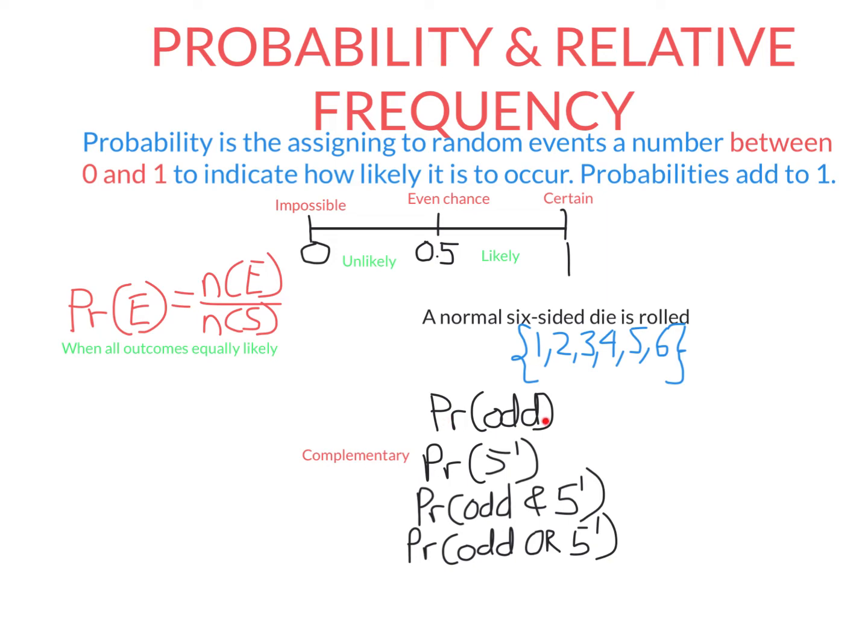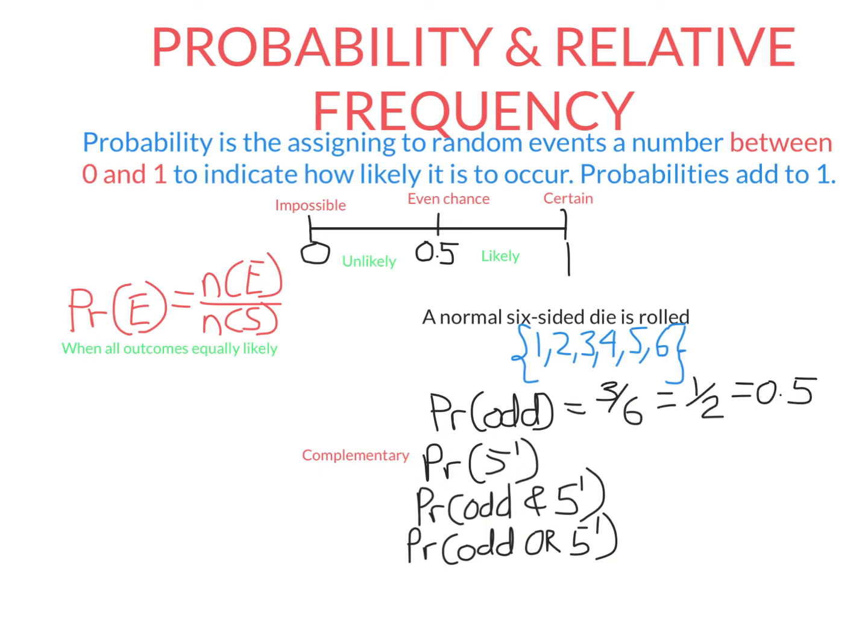So the probability that you roll an odd number, well, there are 1, 2, 3 ways that can occur. The number of ways that an odd number can be rolled is 3. So the probability you roll an odd number is number of ways it can occur over total number of outcomes. Now, when you're writing probabilities, it doesn't matter if you give a fraction or a decimal, but if giving a fraction, make sure it's simplified. So the answer to this is a half or 0.5.